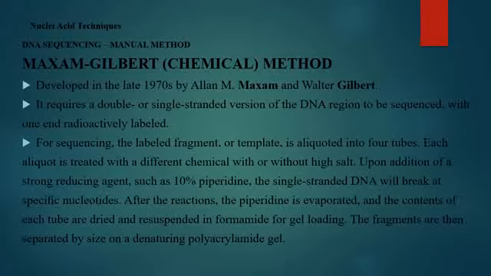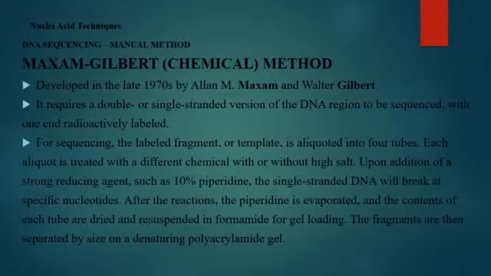So tube 1, tube 2, tube 3, tube 4, you put the fragment in there. Each aliquot is treated with a different chemical, with or without high salt. When you add a strong reducing agent such as 10% piperidine, the single-stranded DNA will break at specific nucleotides.